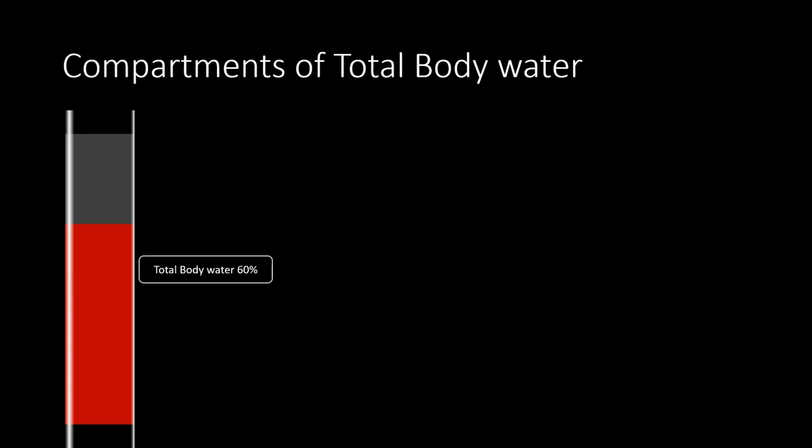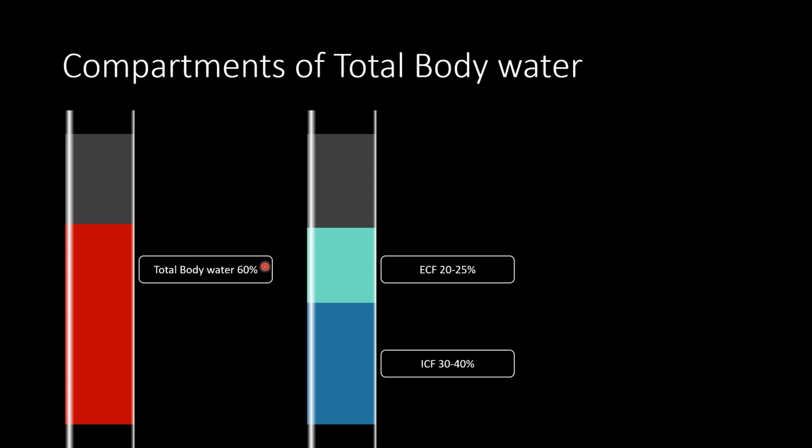So what are the various compartments of total body water? If we think that this bottle is the total body weight, out of that how much is the total body water? We learned just now that the total body water is 60%. But if we divide that 60% into two compartments, extracellular fluid and intracellular fluid, we just learned that in an adult body the intracellular fluid composition is higher than the extracellular fluid.